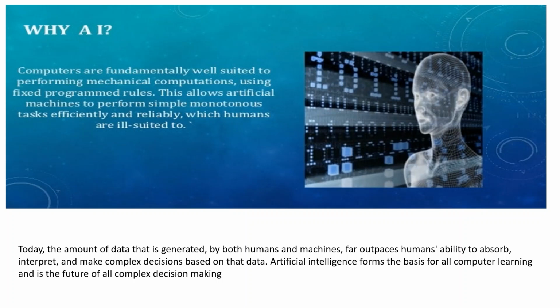This allows artificial machines to perform simple, monotonous tasks efficiently and reliably. So artificial machines like robots, Alexa, Siri all do these tasks efficiently and reliably, which humans are ill-suited to, which we humans cannot always give. When you ask some questions to Alexa or Siri, they will give you the answer.